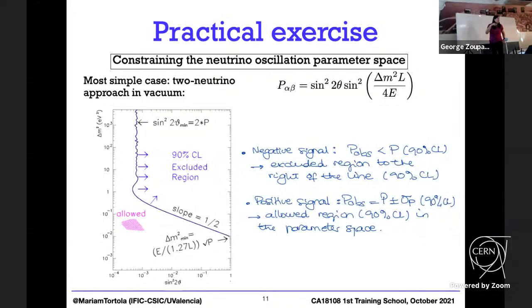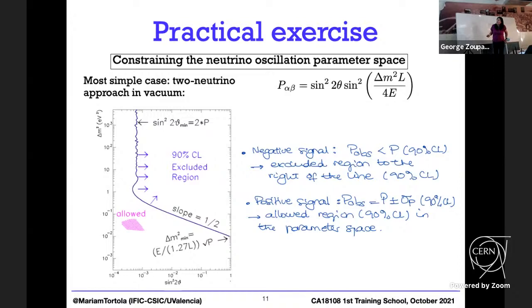And on the other side, if you have a positive signal, you have observed a transformation of one flavor to the other. So you have your observed probability with a central value P plus minus some error. In that case, you can define an allowed region in the parameter space where you think it is most probable that the true point will be.